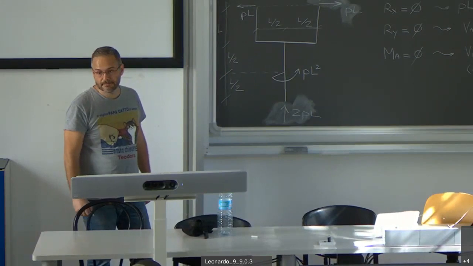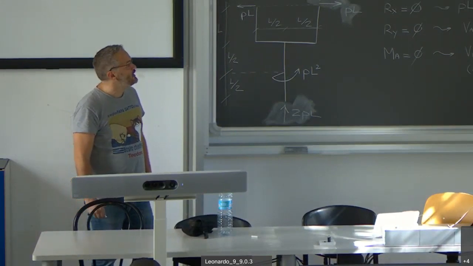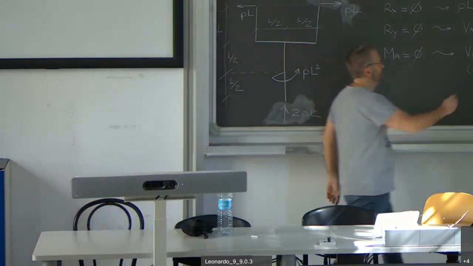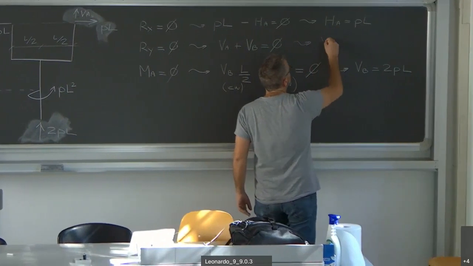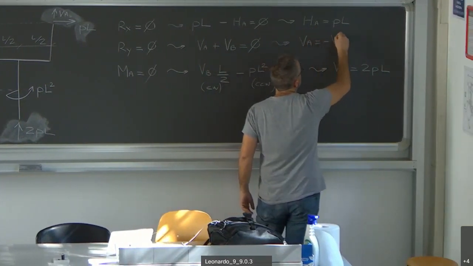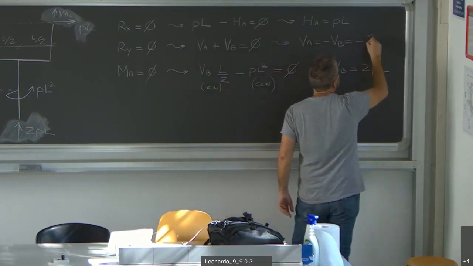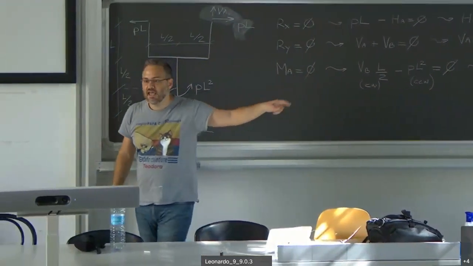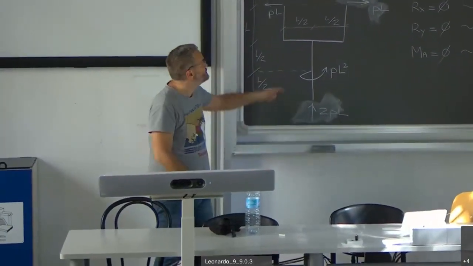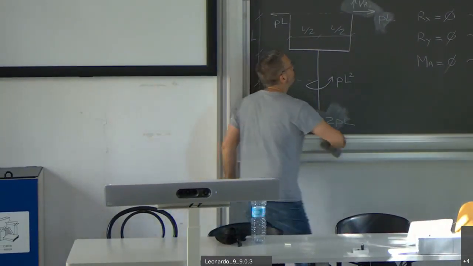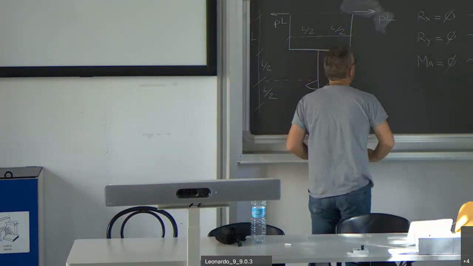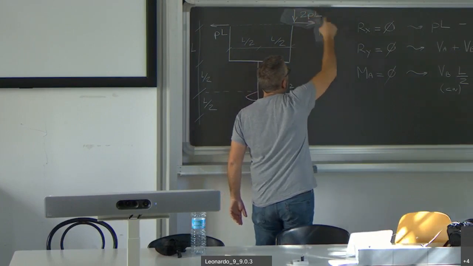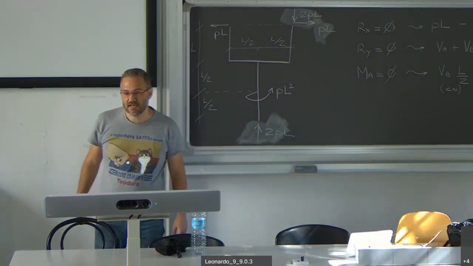And to get VA, I go back to the previous equation. So VA is minus, which means the sign is wrong. So I reverse the arrow and I write the magnitude with positive sign.